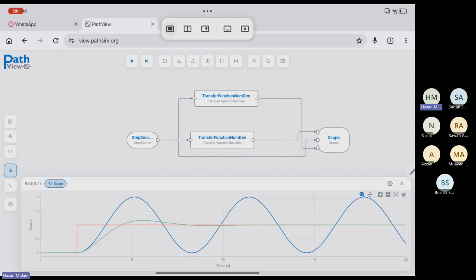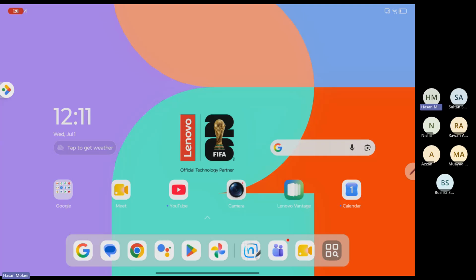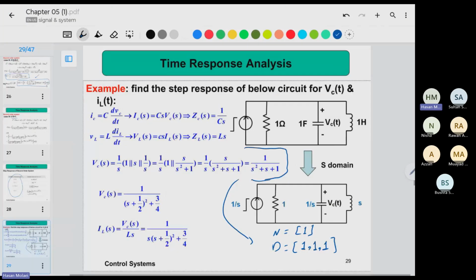In this example, how can you control the damping factor? If you have an oscillation frequency, you don't want to change the oscillation frequency. You only want to change the damping factor.